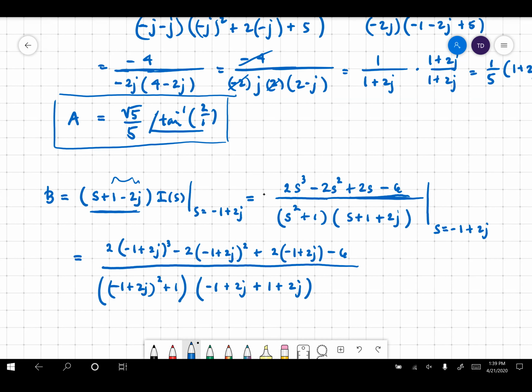So right up here in this space, I'm going to do minus 1 plus 2j times minus 1 plus 2j. That'll give me the square. So this is equal to, the real part, I get minus 1 times minus 1, that's positive 1. 2j times 2j is minus 4. 1 minus 4 is minus 3.